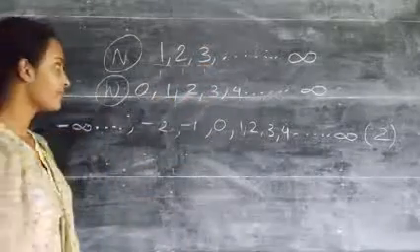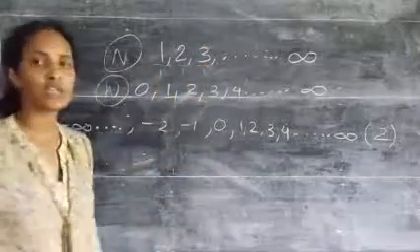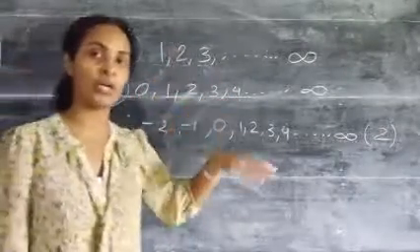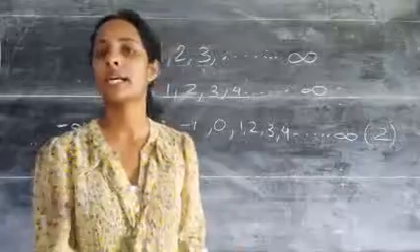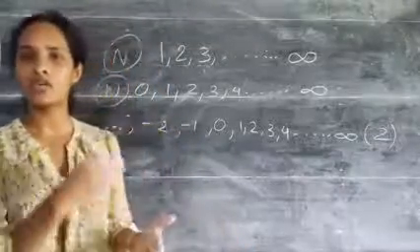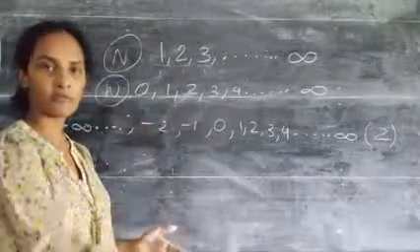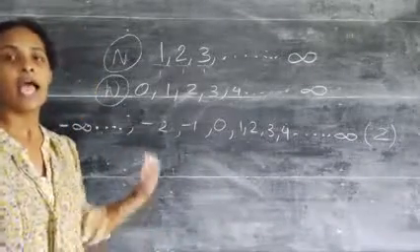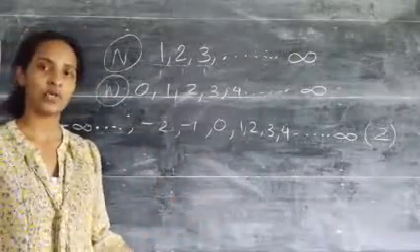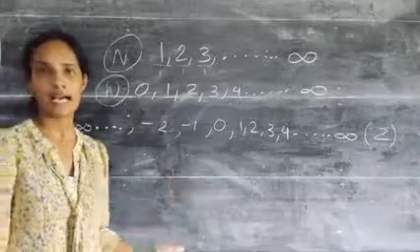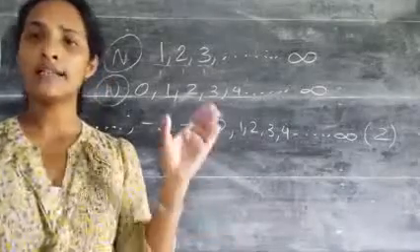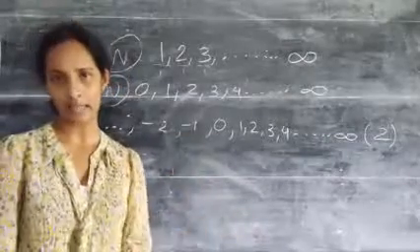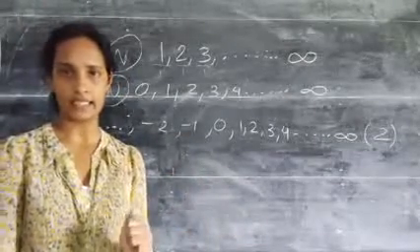So can you see that all the natural numbers I can write in the form of p by q where q is not equal to 0? So what can I conclude? All the natural numbers can be written in the form of p by q, where p and q are integers and q is not 0. So I can say that all the natural numbers are rational numbers. Can I say that? Yes, I can say that, right?